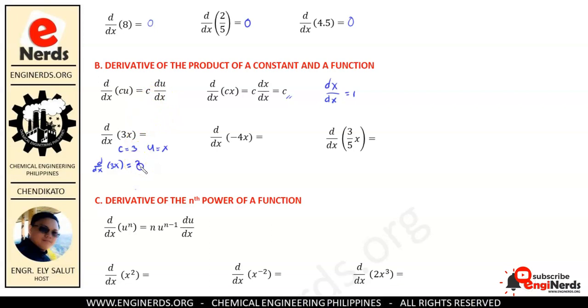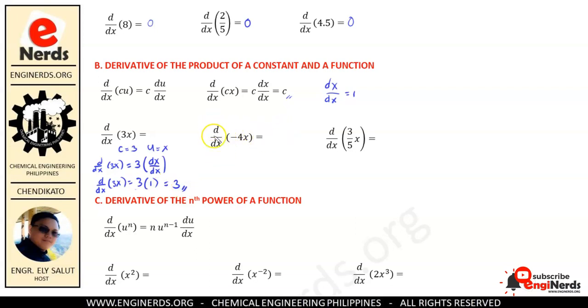So we will take out yung 3, then we will take the derivative of our u. So our u is x, so dx over dx. And this is equal to 3 times 1, right? So that means the derivative of 3x with respect to x is equal to 3.